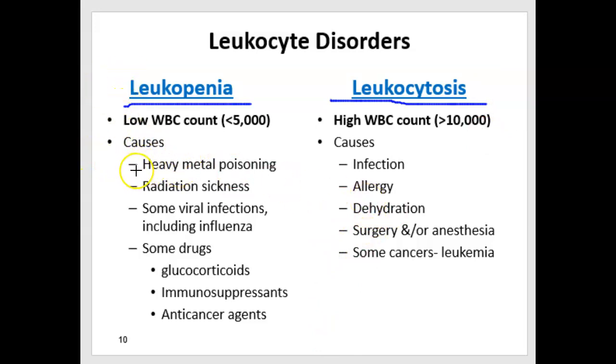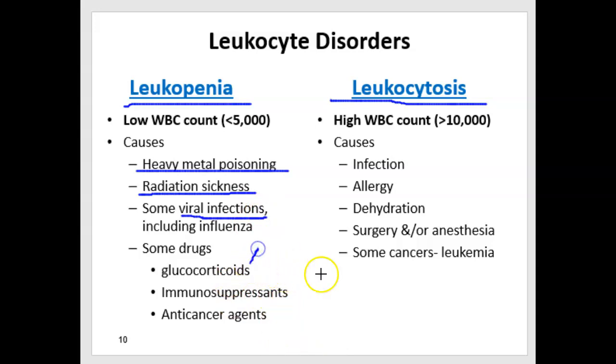Well, heavy metal poisoning can destroy white blood cells. Radiation can cause white blood cells to die. Certain viral infections will destroy certain subtypes of white blood cells. And there are some drugs that also affect your white blood cell count.